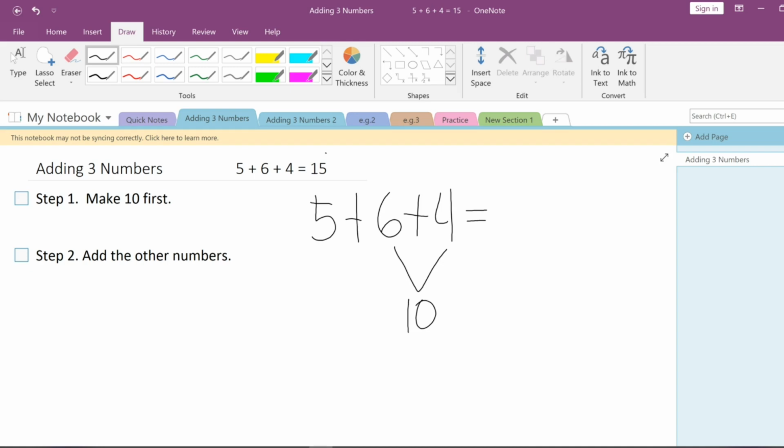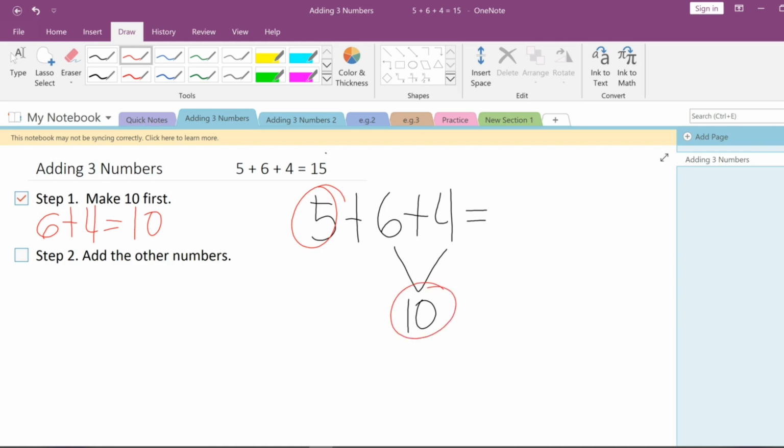So going back to the steps, step 1, make 10 first. Did we make 10? Yes, we did. How did we make 10? By adding 6 plus 4. So let me write it down here: 6 plus 4 equals 10. Step 2, add the other numbers. What are the other numbers here? We can look at these numbers again, and we can find 5 and 10.